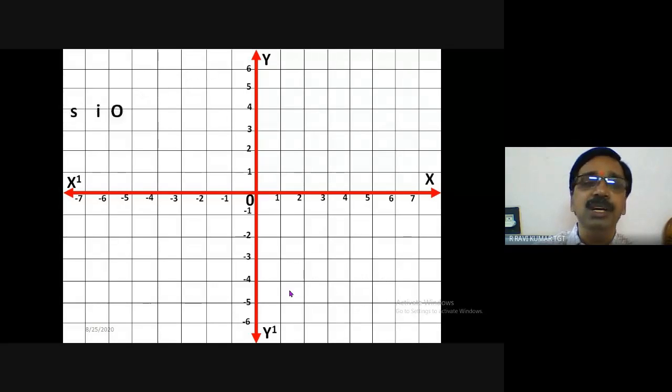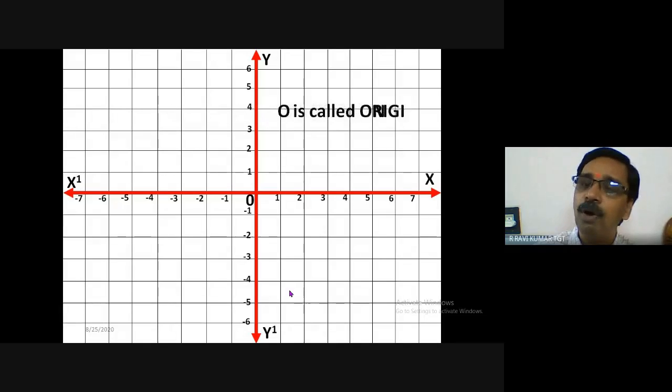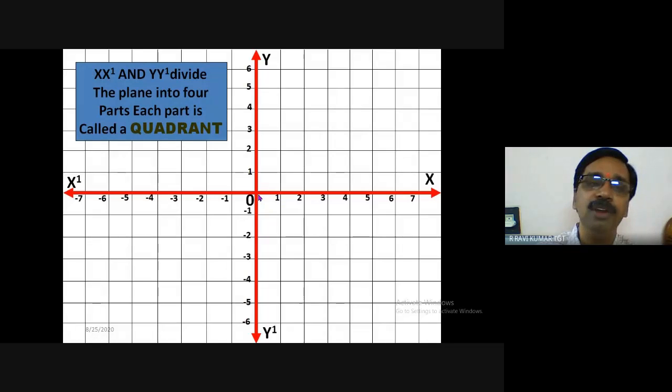Next, you can see this. O is called the origin. This is the origin, and the coordinates of the origin are (0, 0). Remember that. And these are the coordinate axes. A-X-E-S, axes, means both the lines. A-X-I-S, axis, means only one line.